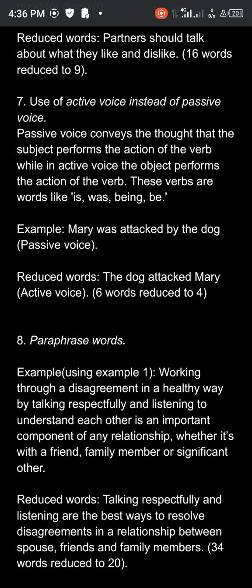Now we discussed active voice, but in fact it's mostly recommended to always use the active voice, because the active voice helps you to make the subject the one performing the action and not the other way around.